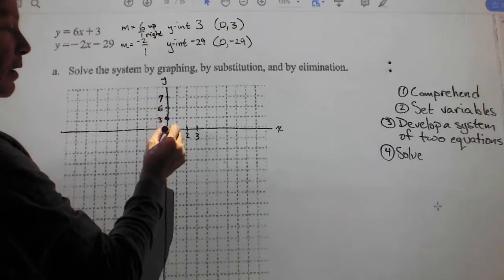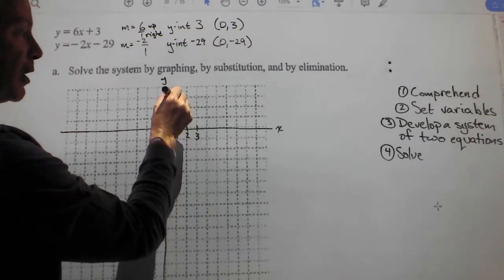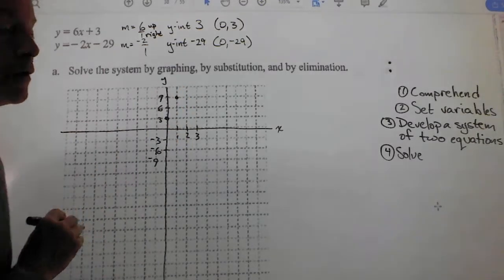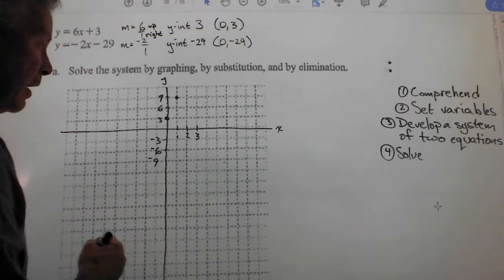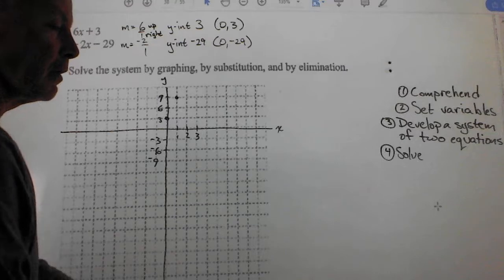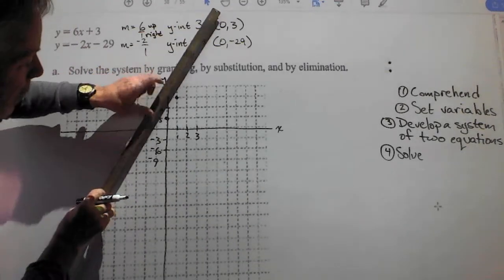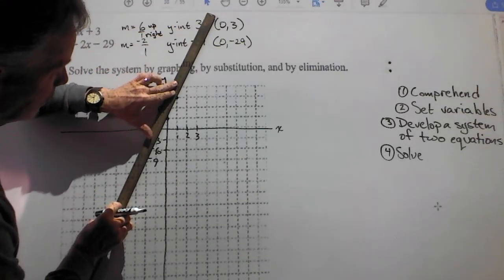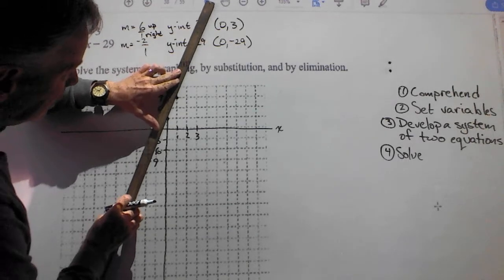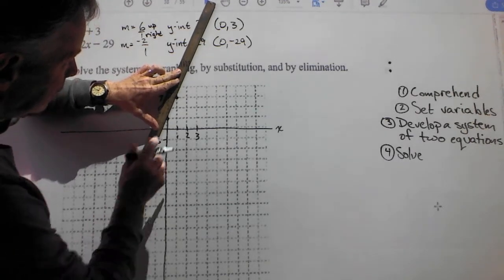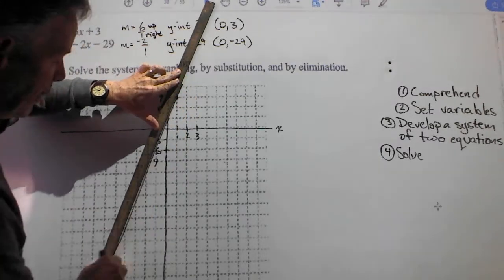And across 1, remember the scales are different, so be careful. There are your 2 points. Okay, join them up, and we're good. Well, we may as well finish this up. Okay. So join your points, and there's your first line.